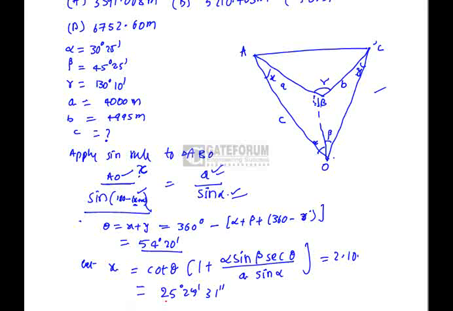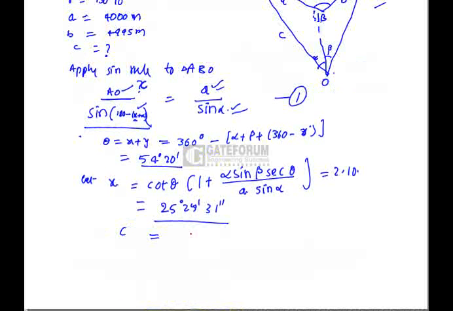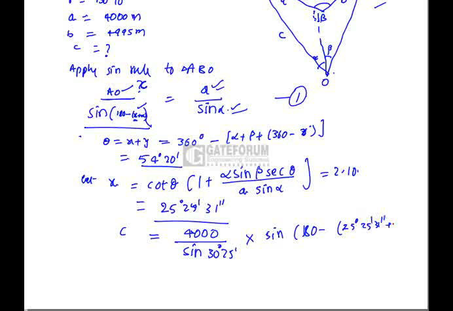So by substituting this value in the above equation 1, c is equal to a, given as 4000 meters, divided by sine of alpha, 30 degrees 25 minutes, into sine of 180 minus 25 degrees 25 minutes 31 seconds plus alpha, 30 degrees 25 minutes.